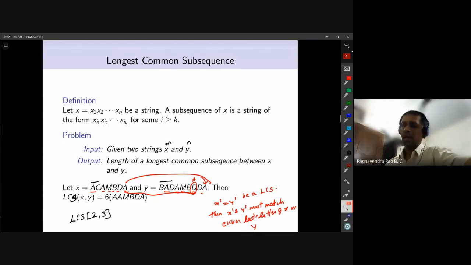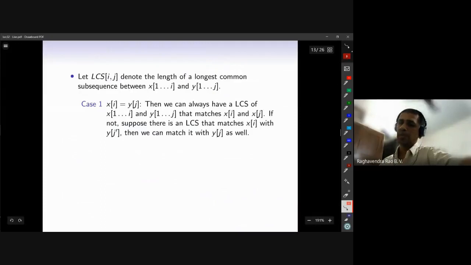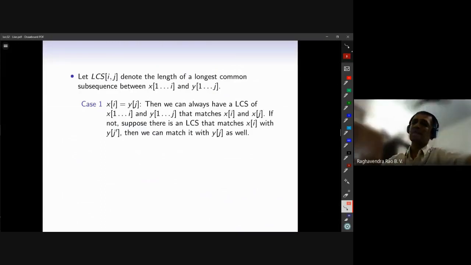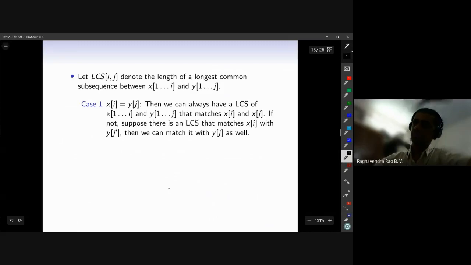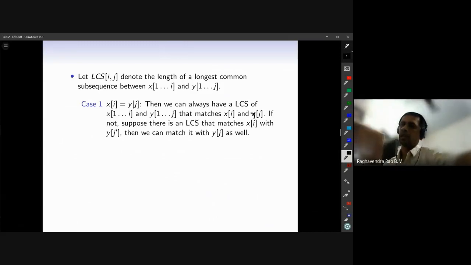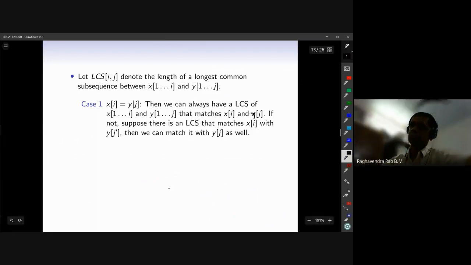So that way I can, without loss of generality, assume that there is always an LCS of these strings x and y, which are basically prefixes of the original x and y, that would match xi with yj. So the argument is just what I said here.